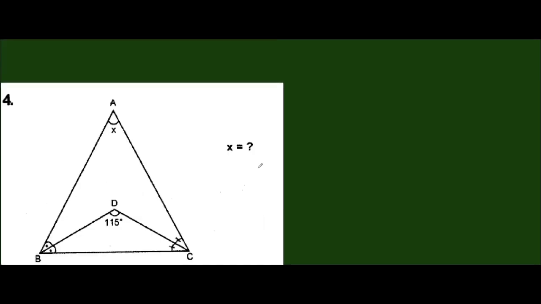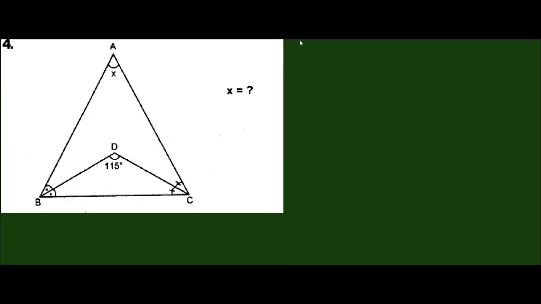So the next question is this one. Again, this is not so difficult. X, y. You put here, not x, sorry, we have x. You can say alpha and theta.